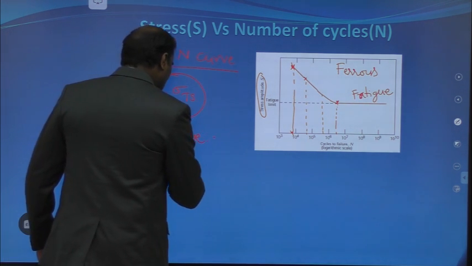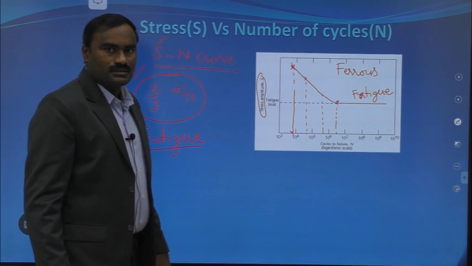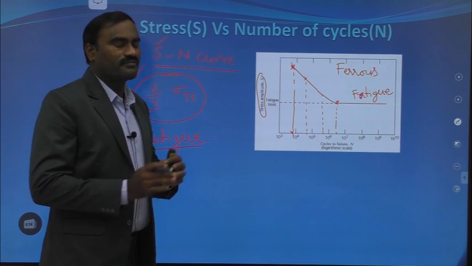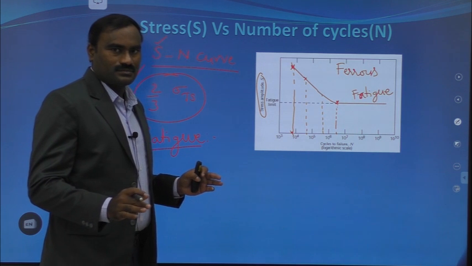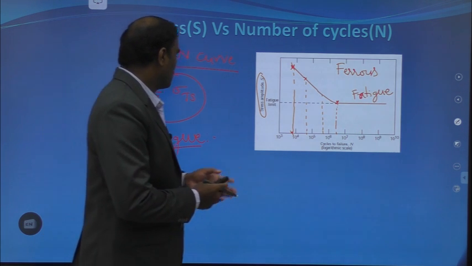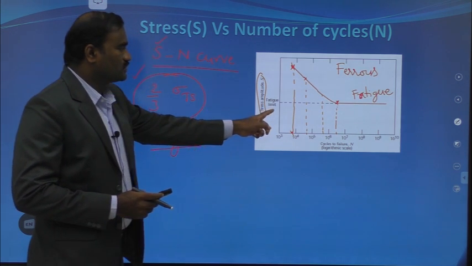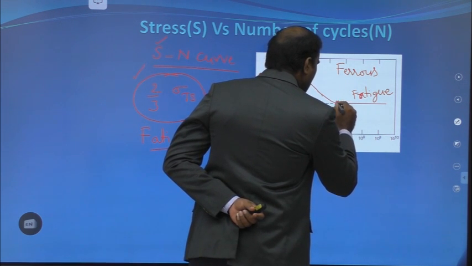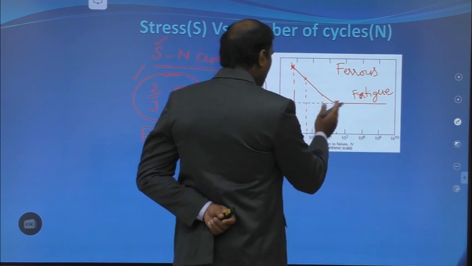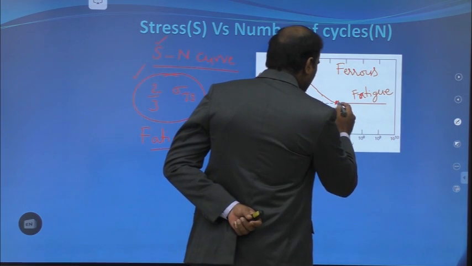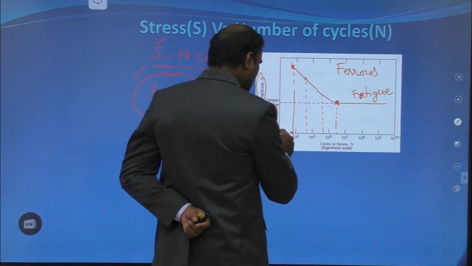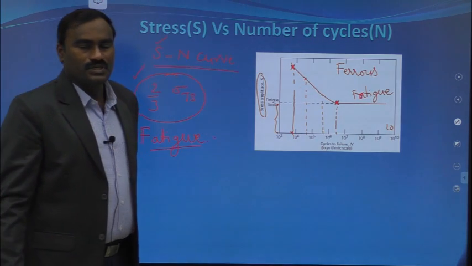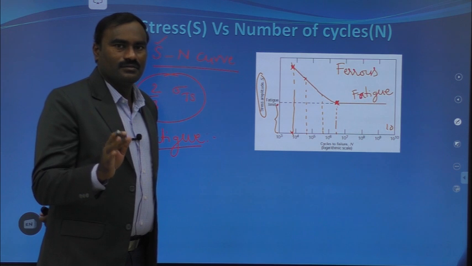So the fatigue limit is nothing but the stress value below which fatigue failure will not occur. If you apply a stress value below this, there won't be fatigue failure. That means if you apply a stress value in this range, even if you apply 10 power 10 cycles or 10 power 100 cycles, there won't be any fatigue failure.